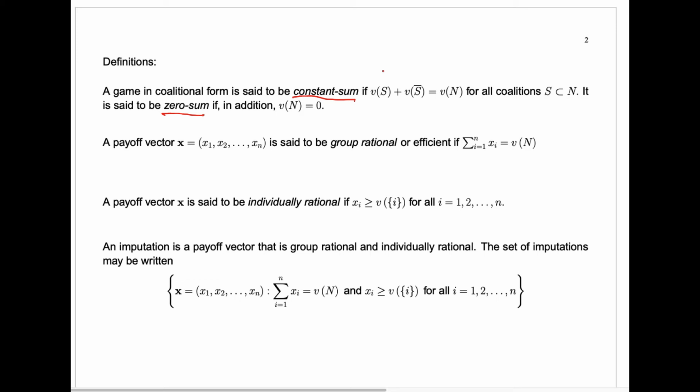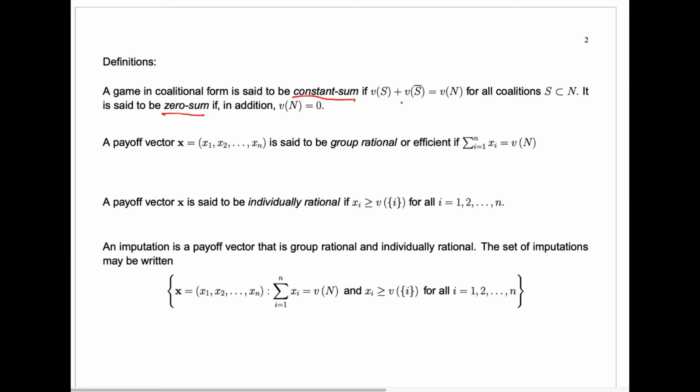So the value for any coalition was the full $4 million if that coalition had 2 or 3 of the 3 people, and the value of the coalition was 0 if it had 0 or 1 of the people. And for any coalition, then the value of the coalition plus the value of the complementary coalition was exactly $4 million, which was the value of the grand coalition. So that was a constant sum game. It certainly wasn't a zero-sum game, because the grand coalition could just take the pot of gold, and that was worth $4 million.